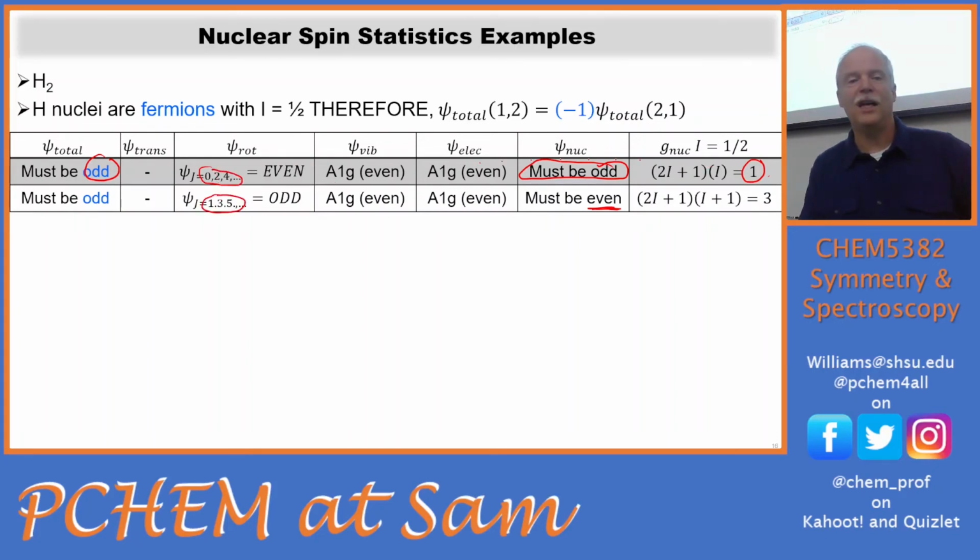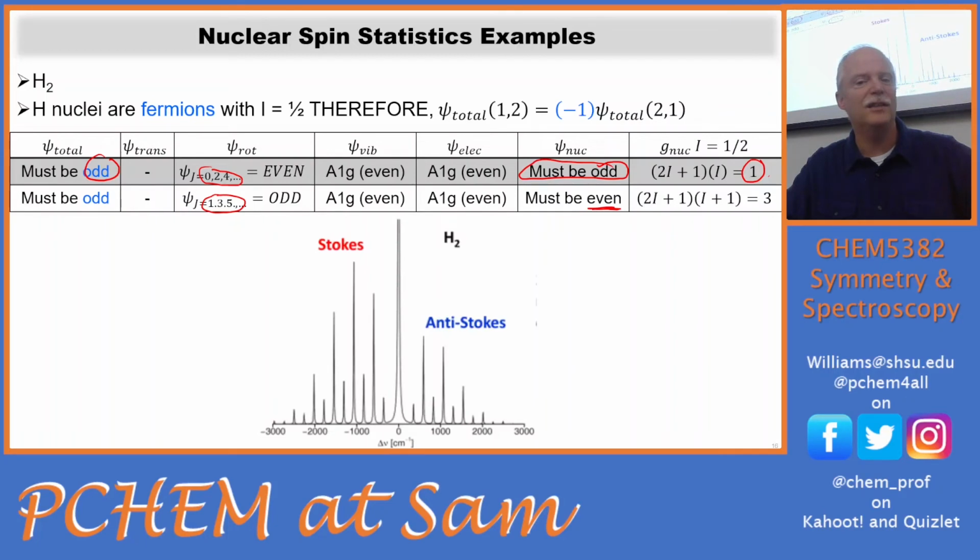This degeneracy now is multiplied by those rotational degeneracies. So I have 3 times as many rotational levels that are odd than I do rotational levels that are even. And you say, how can that be? Really, can you not have that many rotational levels that are even? And the answer is yes. Look at the spectrum for hydrogen. Look at the intensity pattern.